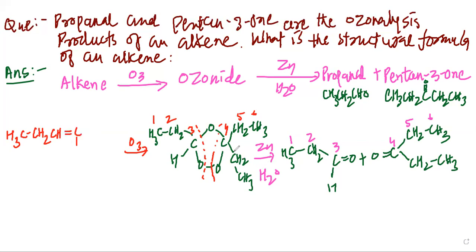The fourth carbon has an ethyl group as a branch, CH2, CH3, and here also CH2 and CH3. We can give numbering to the various carbons as 1, 2, 3, 4, 5 and 6.